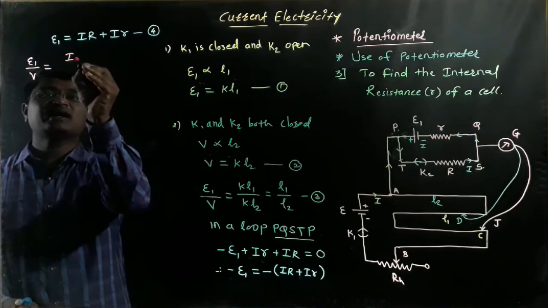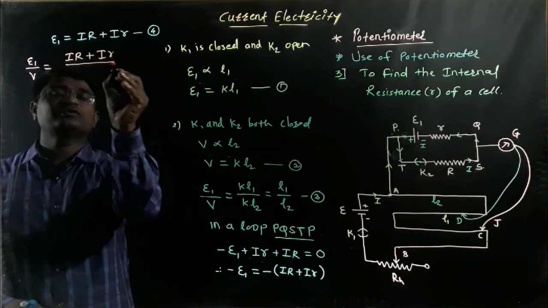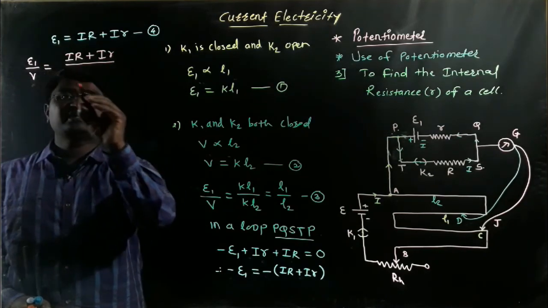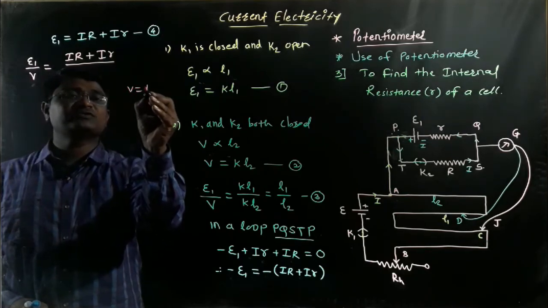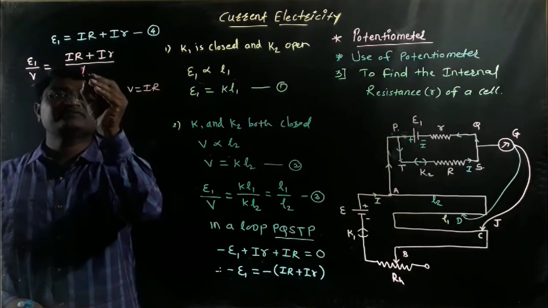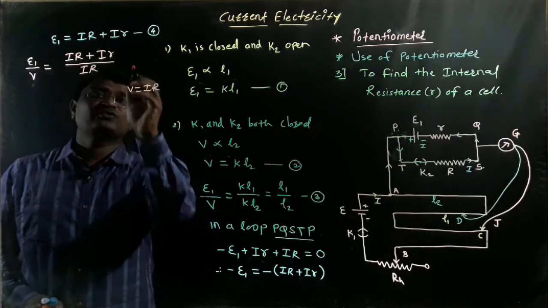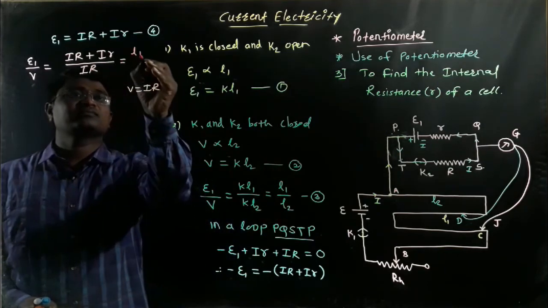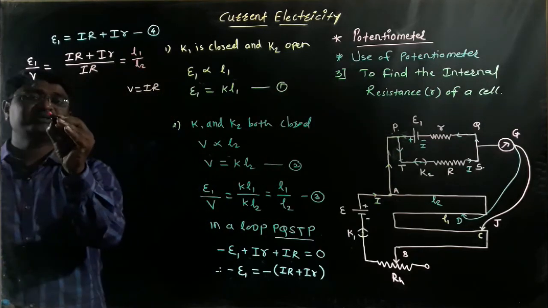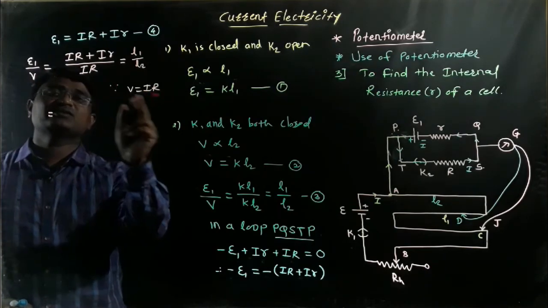Epsilon 1 is IR plus I into small r, whole divided by V. But as per Ohm's law, we know that V is equal to IR. So we can write here I into R, whole, is equal to L1 upon L2.